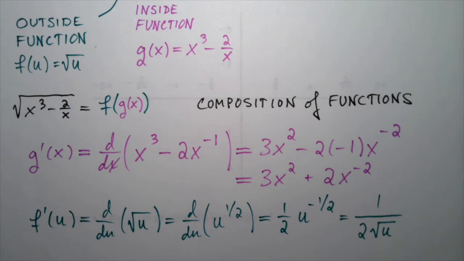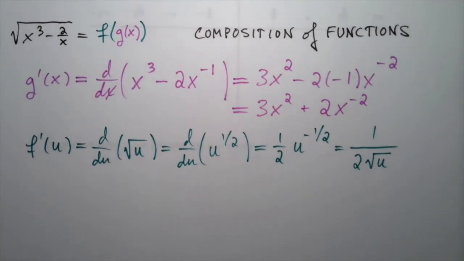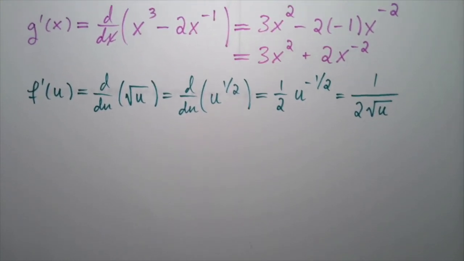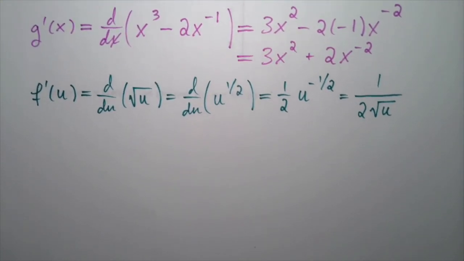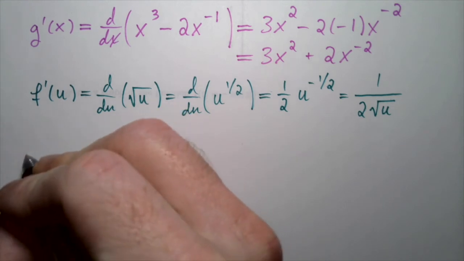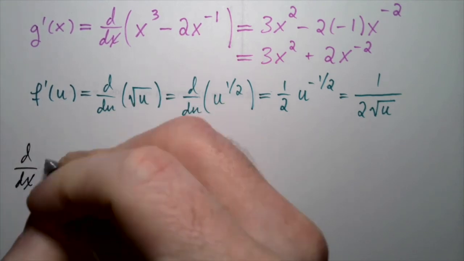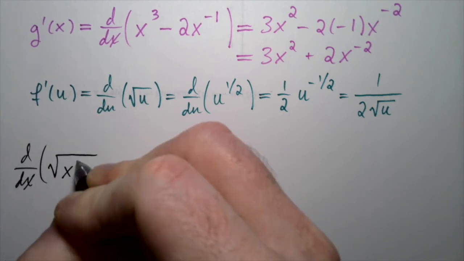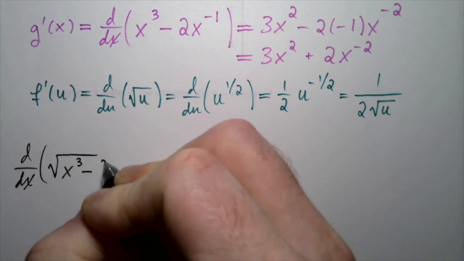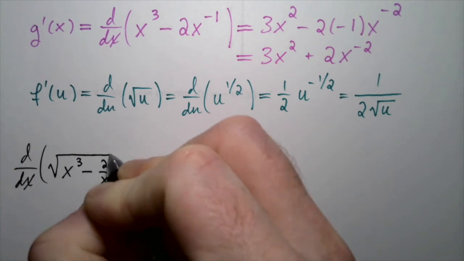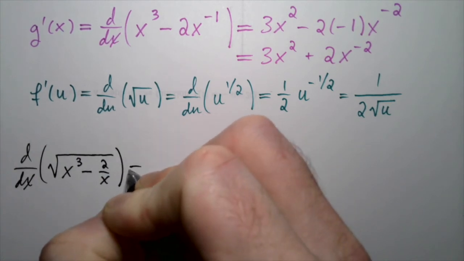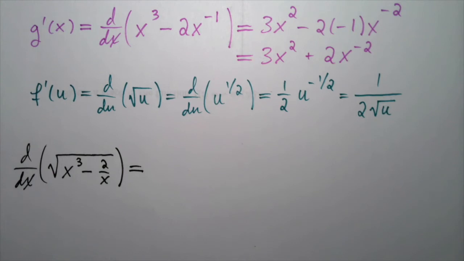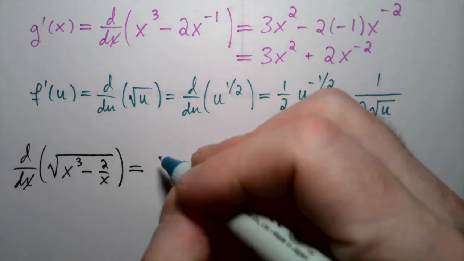Okay, great. We're all ready to apply the chain rule. Here we go. So remember, we're computing the derivative of this composite function. That's the square root of x cubed minus 2 over x. And now that is equal to the derivative of the outside function.